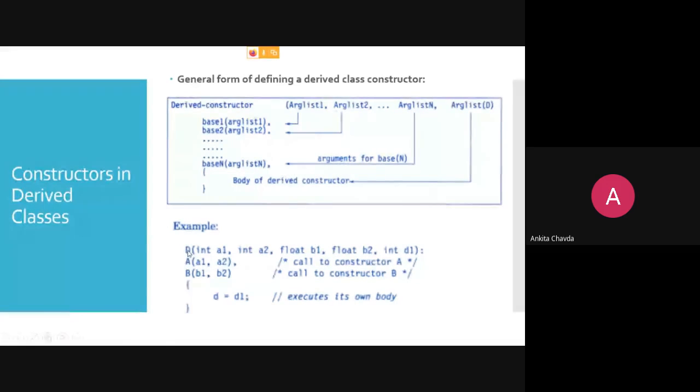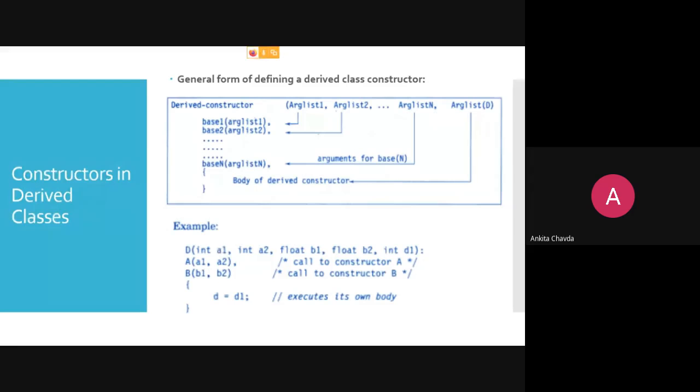So this is your derived class constructor, that is D. Here you are having integer a1, integer a2, which are actually the variables of your class A. This is the example I have taken for your multiple inheritance. So you are having two parents A and B, mom and dad.